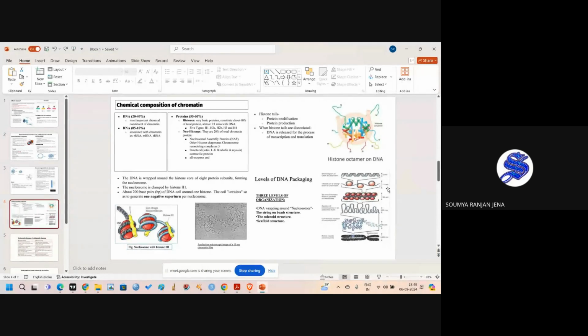Then this is further processed to form a 13 nanometer chromatin fiber of packed nucleosomes. Then these fibers form loop-like structures to form a section of chromosome in an extended form.